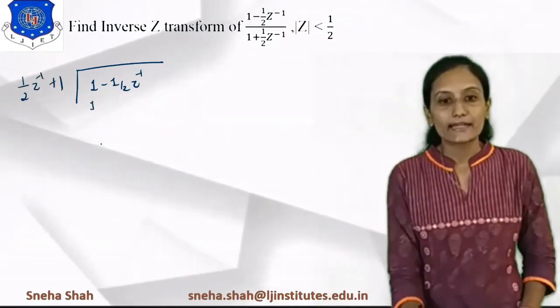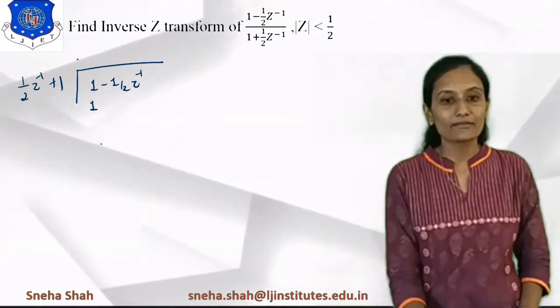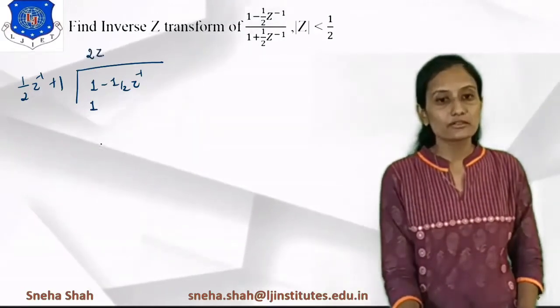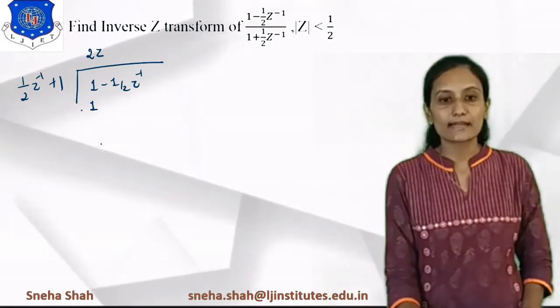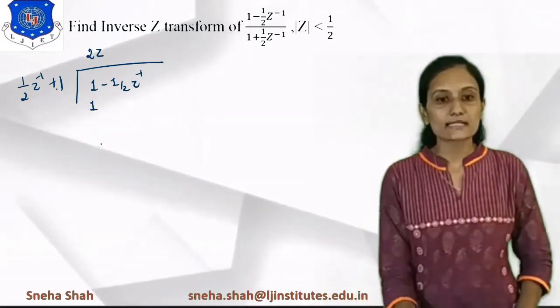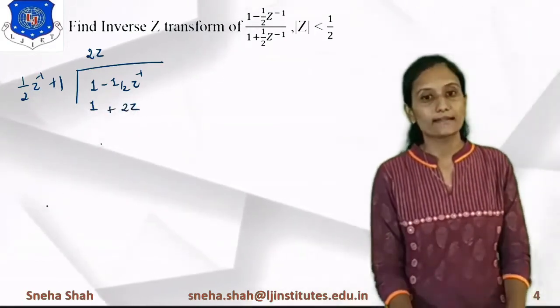Now I want to find the answer equal to 1. So which term will multiply with this? So 1 by 2 z inverse will multiply with 2 into z. So z inverse and z will be cancelled out, and 2 will be cancelled out. So it will give you the answer of 1. Similarly, this 2z is multiplied with 1, it will give you the answer equal to 2z. Right.